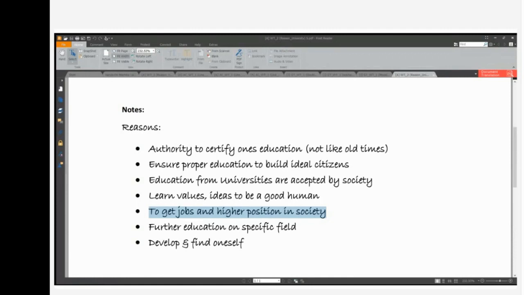We can write further education on a specific field. So some people pursue university education just to hone their skills on a particular topic and learn more on that particular topic, so that they can develop on that topic, and they can discover new things from that topic or that field. For example, you can say doctors.